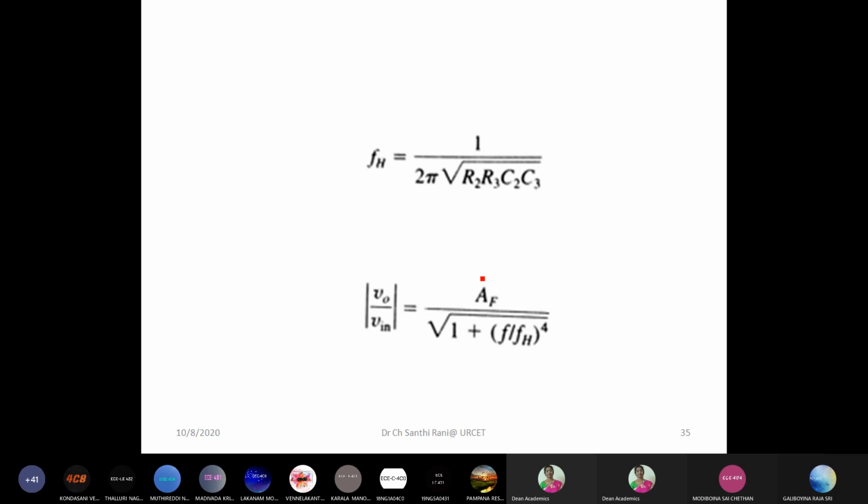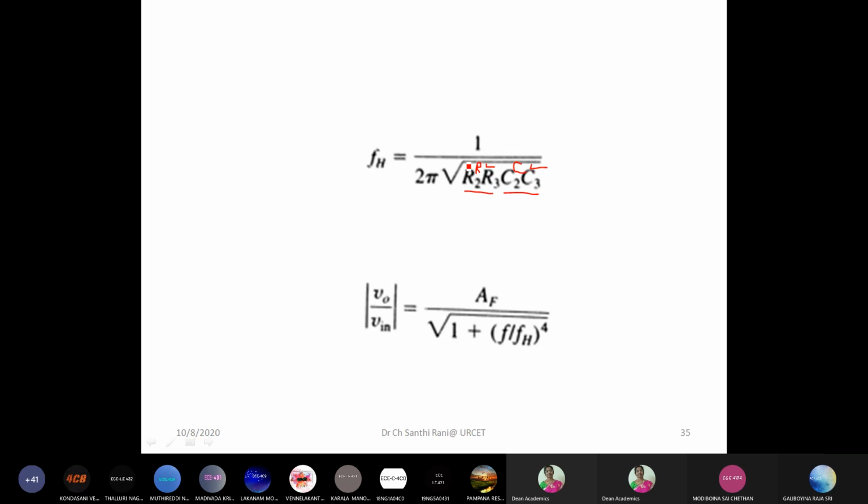For this second order filter, the high cutoff frequency is equal to 1 by 2 pi RC. Here also I have given you the hint. For the first order low pass filter, FH is equal to 1 by 2 pi RC. Now here, if R2 equal to R3 equal to R, you will get R square, and similarly, if C2 equal to C3 equal to C, you will get C square.